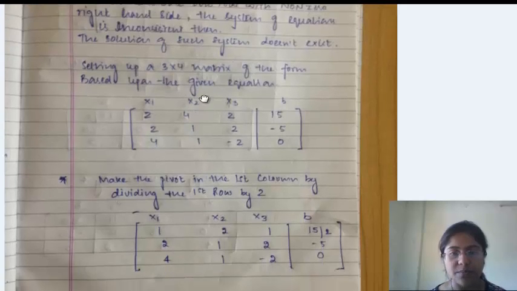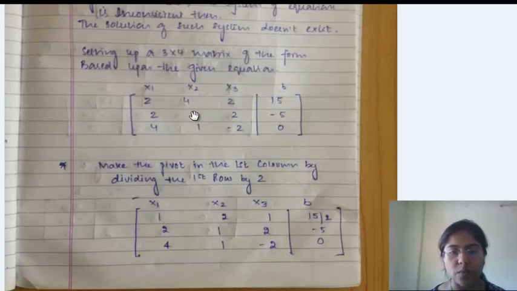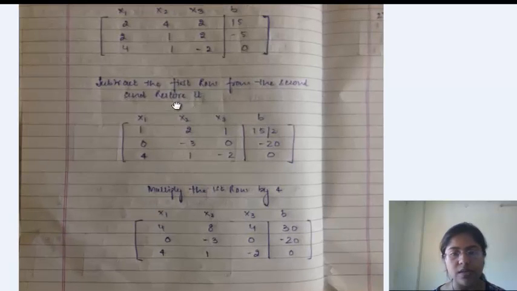So I have set up a matrix according to the equations that we have been given, and then make the pivot in the first column by dividing the first row by 2. By dividing the first row by 2, we get this matrix like you can see here, and then we multiply the first row by 2.